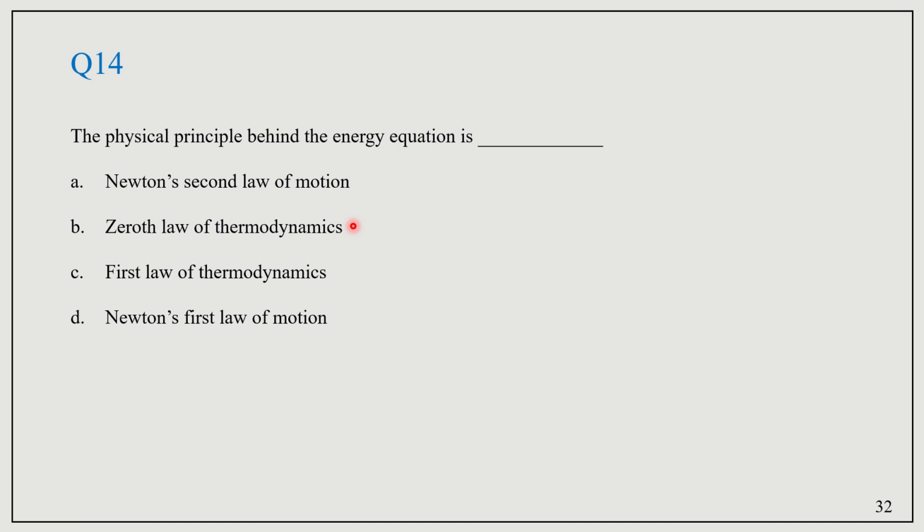Whenever we say energy equation, what we mean is that it is an energy conservation equation. That is, energy is neither created, it is, zero, sorry. First law of thermodynamics states that energy cannot be created or destroyed.